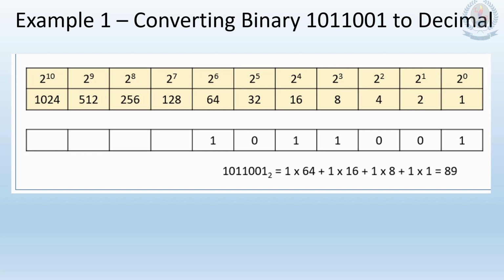Then multiply that power of 2 value with your binary digit. First one will be 2 to the power 0, which means 1, into binary 1. Then the second one, 2 to the power 1, that means 2 into binary 0. So you will get 0 there. Like that you write the numbers. To convert this binary number into decimal, finally you get 89.